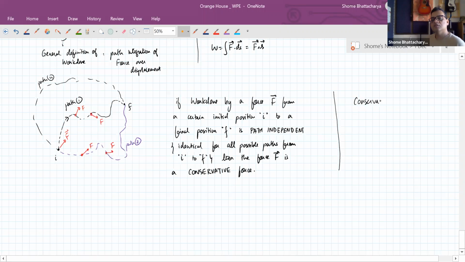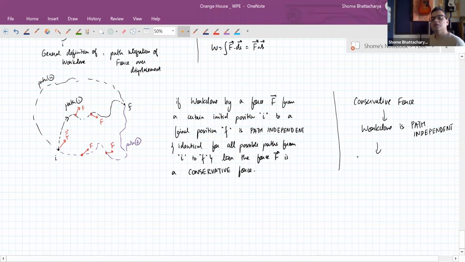So by definition, a conservative force is one where the work done is what we call path independent. Okay.